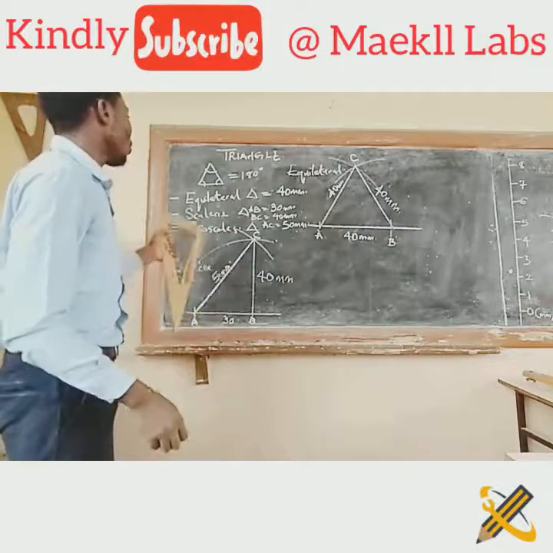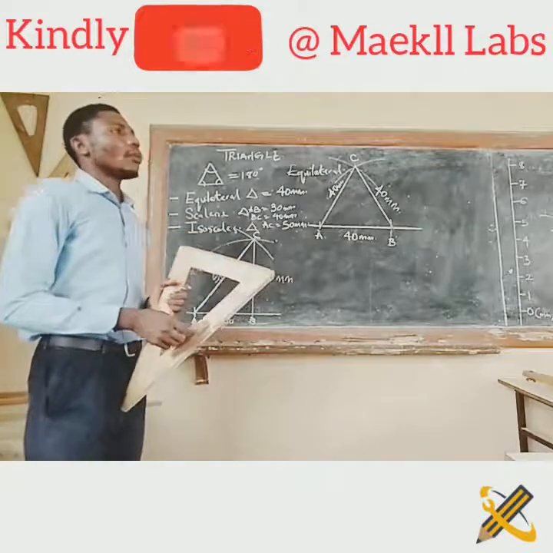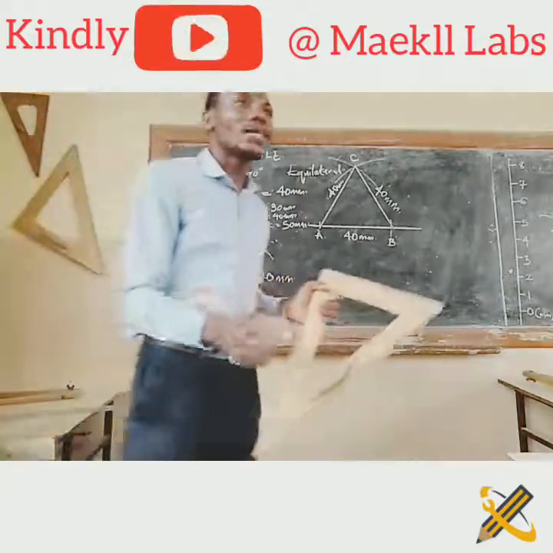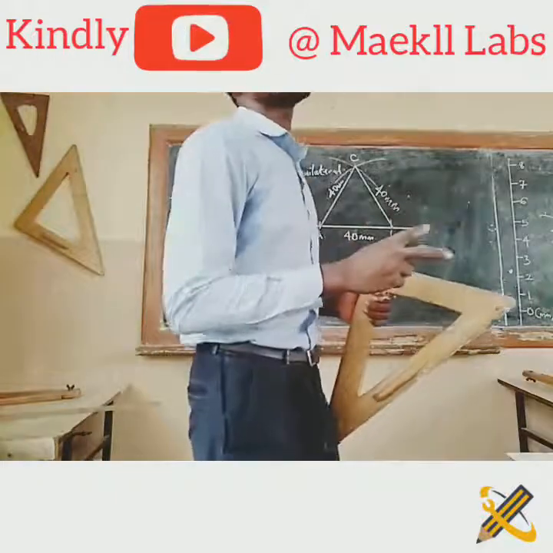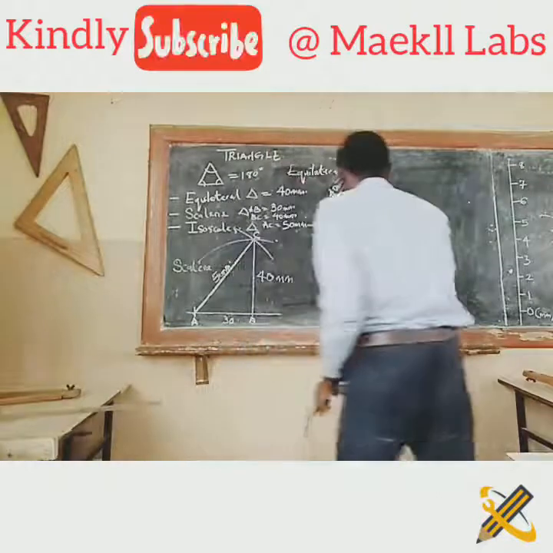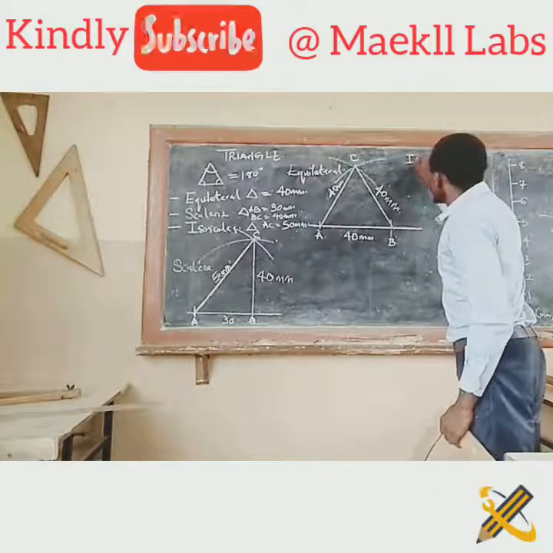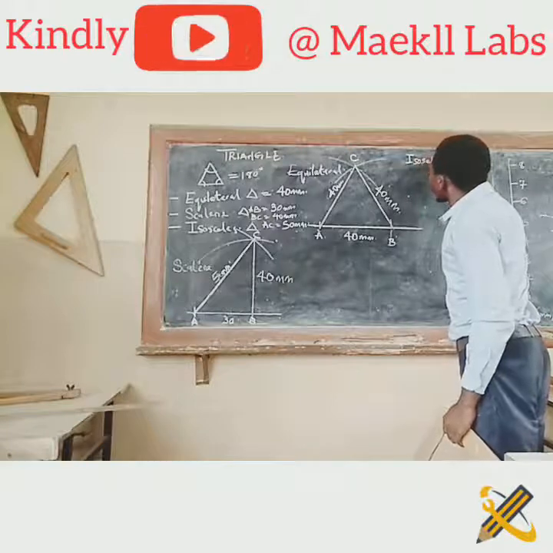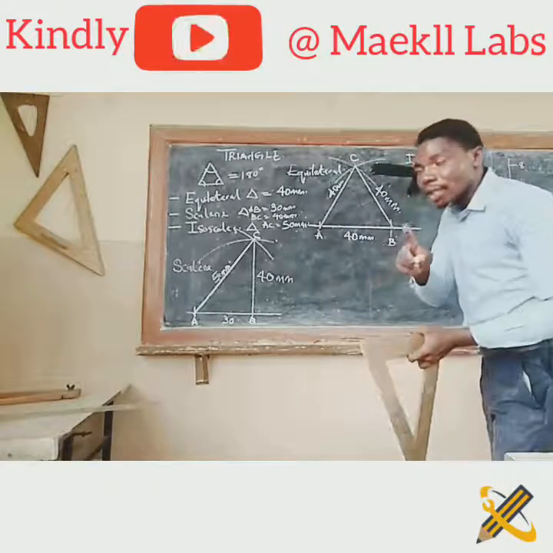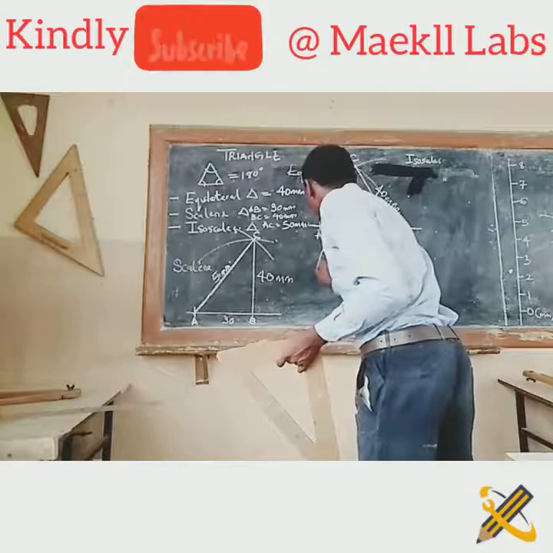So for the last one, I'm going to be doing an isosceles triangle. Alright. In isosceles, I told you that only two sides are equal. Let's assume this is a triangle, right?